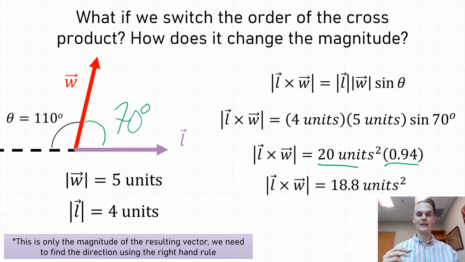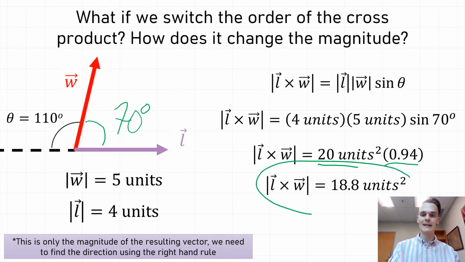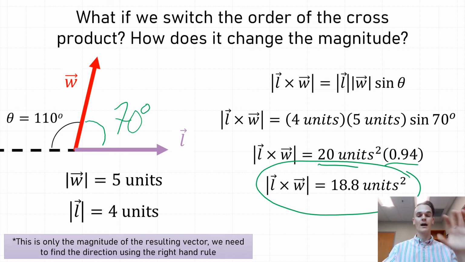And if we simplify that even further, plug it into our calculator, we see that the magnitude of the cross product we're calculating here for the switched order is the same as the magnitude of the cross product that we calculated earlier. So we verified two different ways that whenever you switch the order of the cross product, the magnitude of the resulting cross product is not going to change.